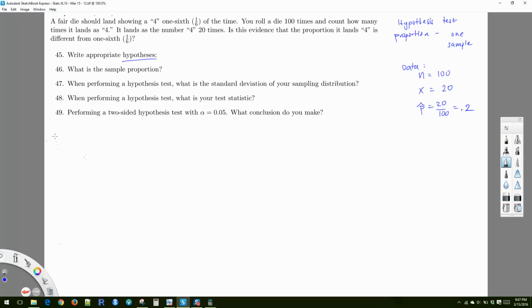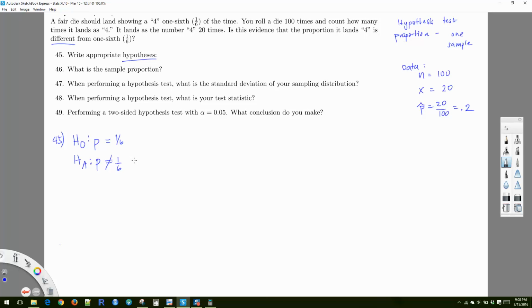Okay, so number 45, what are our hypotheses? We've got the null and the alternative. They're both going to be about p. The null is that p is equal to 1/6. And then the alternative is, is it different from 1/6? I put it in fractional form.